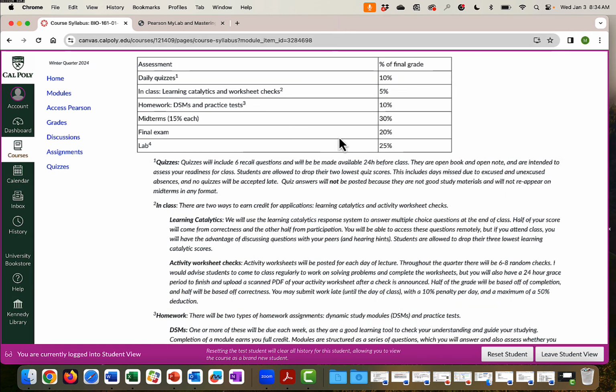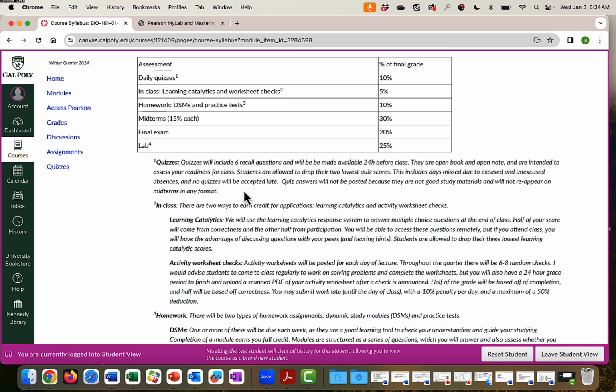Below this assessment chart is a more detailed description of the various assessments and where there is grace in those assessments. So this is definitely worth reading, especially if you miss a quiz. For quizzes, the 2 lowest quiz scores will be dropped, and this includes days missed due to excused and unexcused absences.